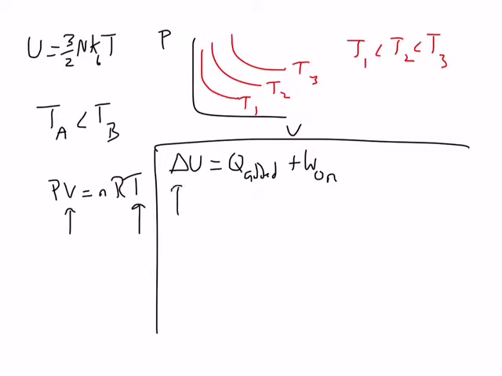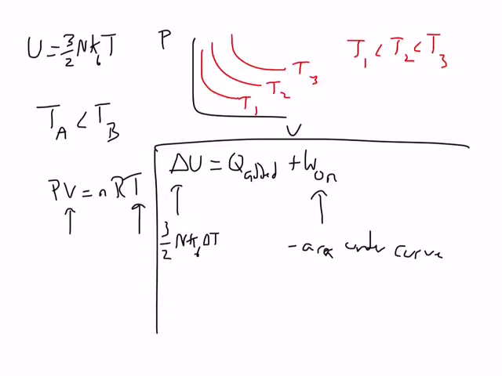And these are all things that we can calculate piece by piece. We've used this equation a couple times. This is 3/2 total number of molecules kB delta T. Oops, that should be a capital T for temperature. This is negative area under the curve, right?